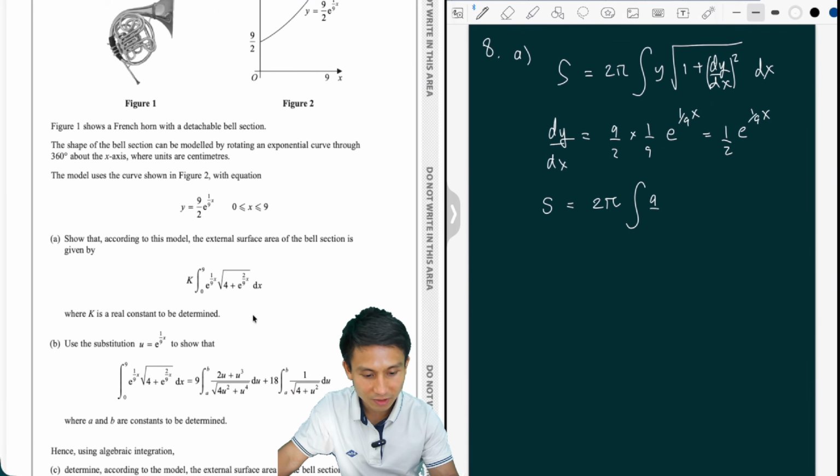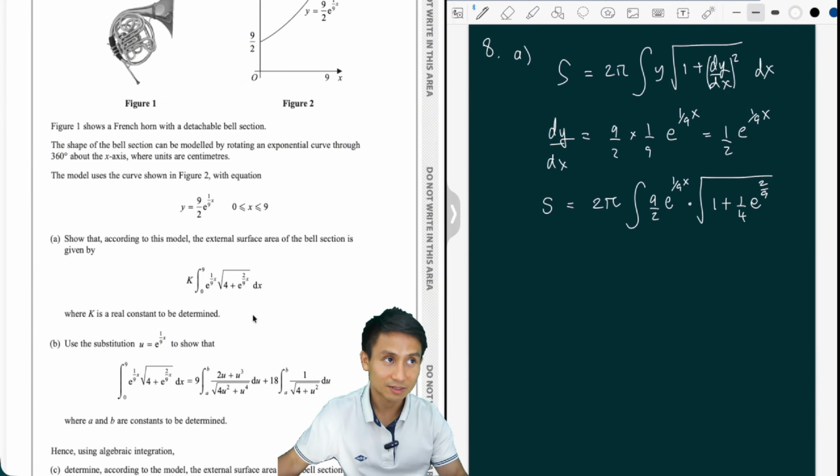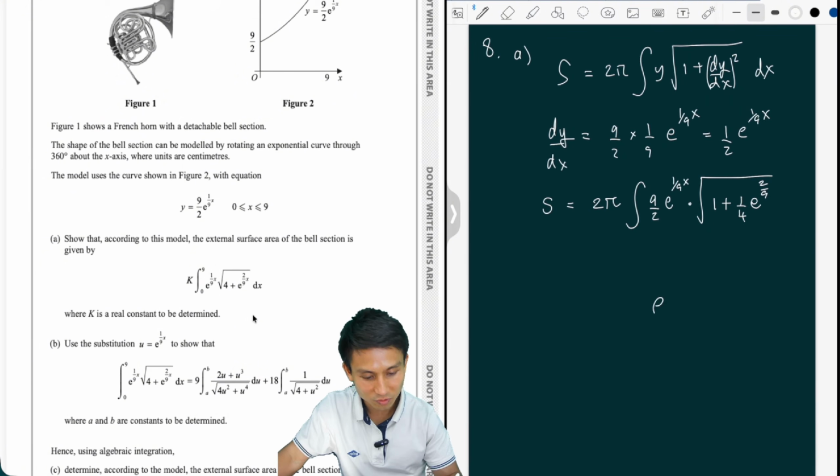Y itself is 9 over 2 e to the 1 over 9x. Integral square root of 1 plus this whole thing squared, right? So it's going to be 1 over 4 e to the 2 over 9x. If we power that, we get the power multiplied by 2. So be careful there. And then this is just dx.